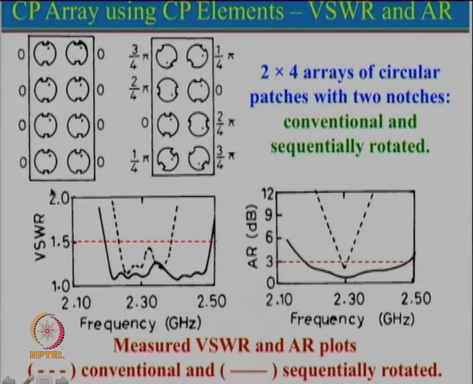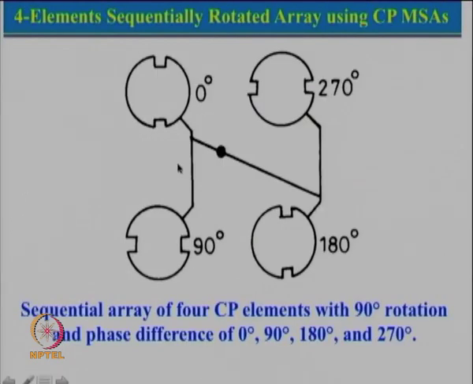So, why is the VSWR bandwidth large? Again, I had mentioned to you when we were discussing this concept here. If this is 90, this is 180, 270, then these two, the reflected VSWR, or you can say the reflection coefficient from here and from here, will be out of phase.